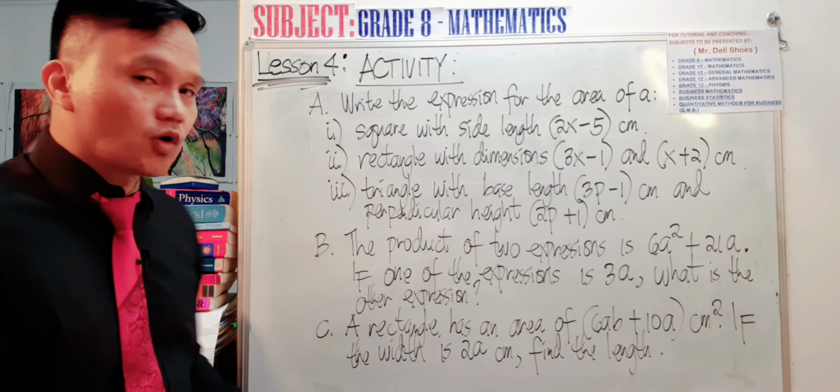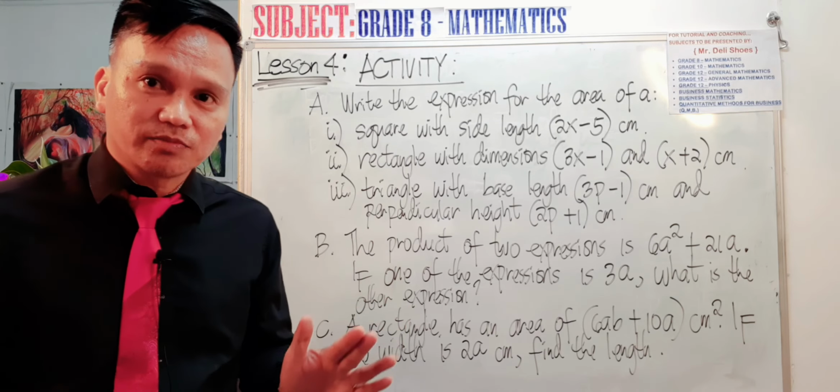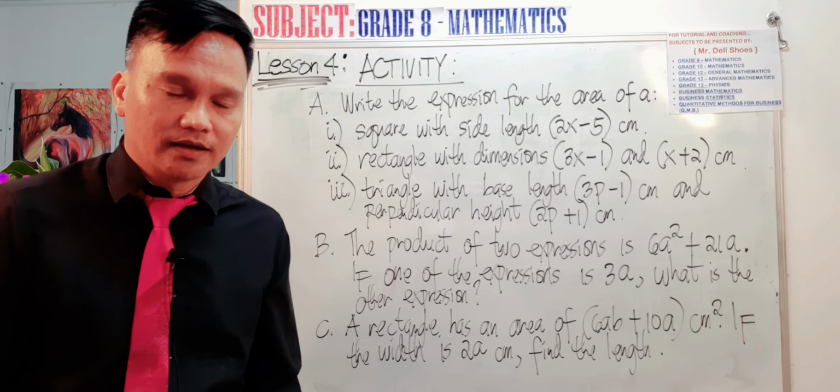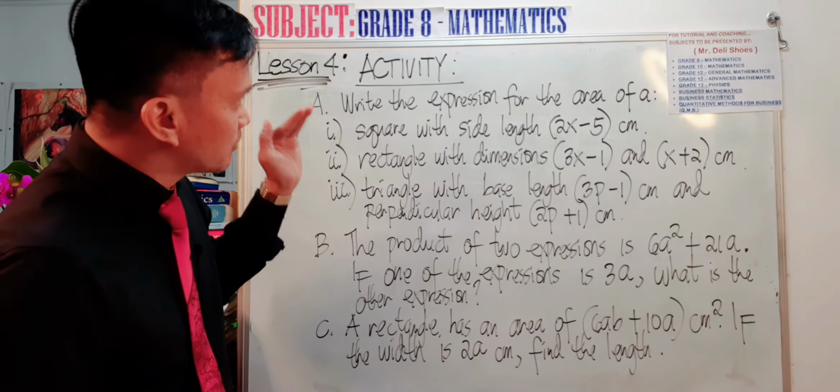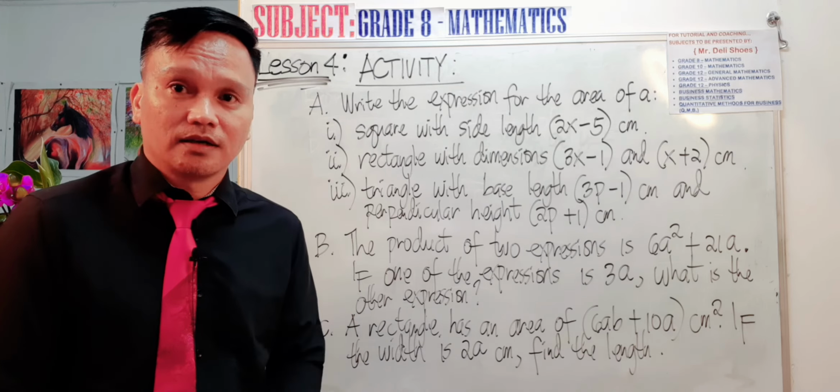This one is more on simplifying algebraic expression, writing the algebraic expression and then simplifying. That represents finding the area and the perimeter of the regular polygon.